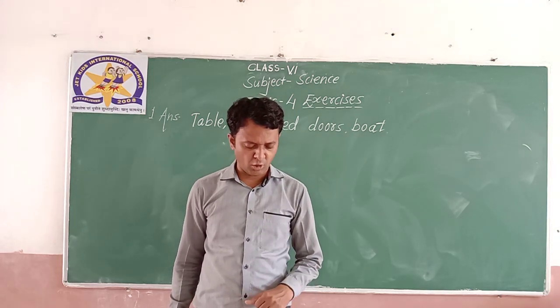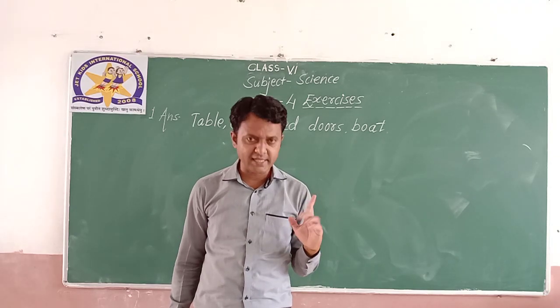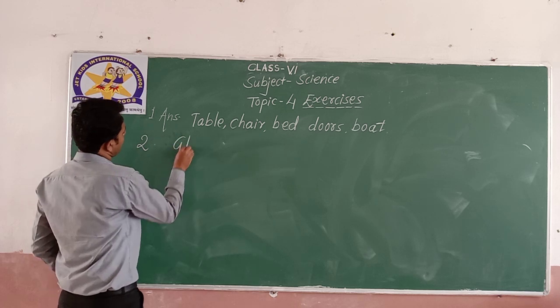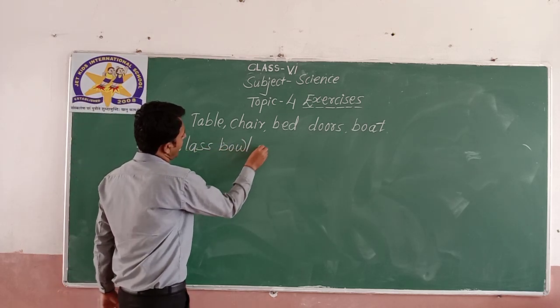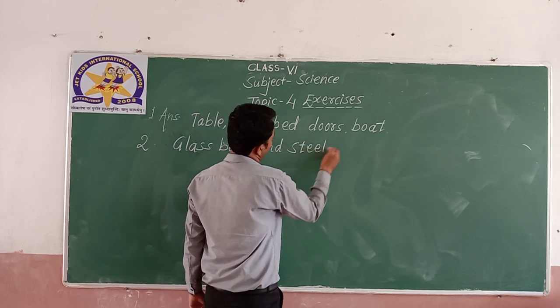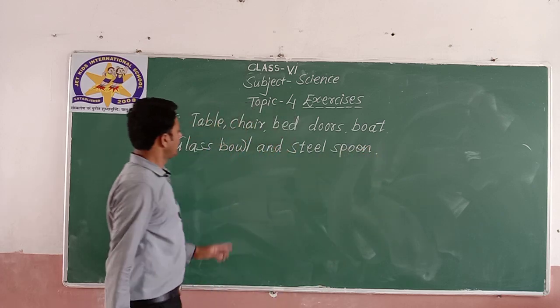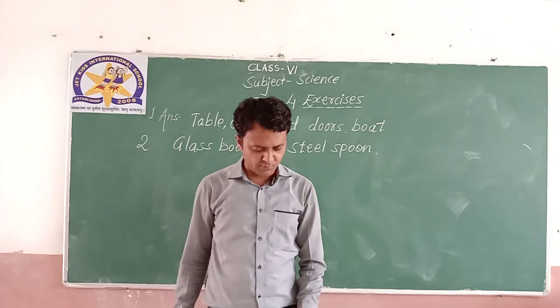From all these options, only 2 can shine: glass bowl and steel spoon. So the answer of question number 2 is glass bowl and steel spoon.